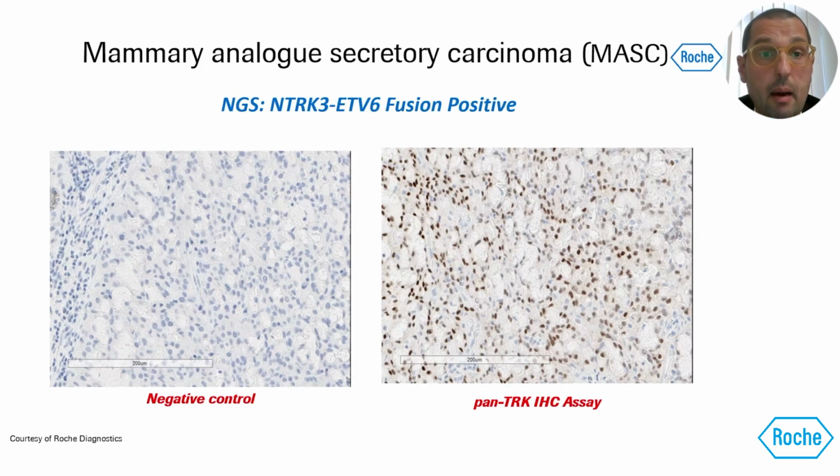As I said, mammary analog secretory carcinoma is a prototype of a highly positive tumor with NTRK fusions, in this case NTRK3 with an ETV partner, and this is typical diffuse and strong nuclear expression of NTRK3 protein by pan-TRK immunohistochemical assay on the image on my right side.